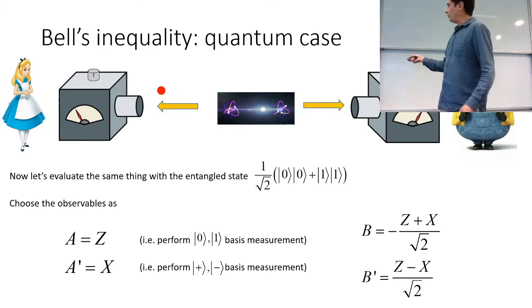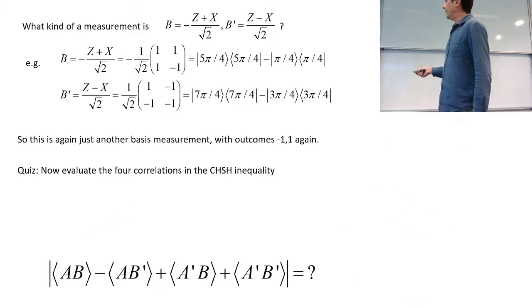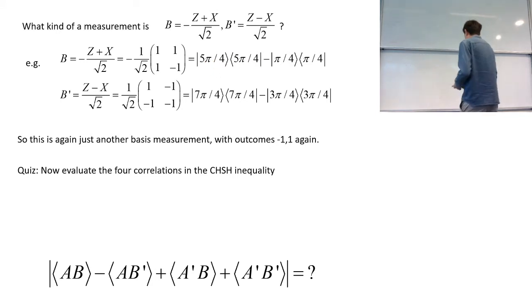These ones may look a little bit unfamiliar because we've done this a lot of times, but we never did this one. These are basically the same idea, except that the basis that you're measuring in, say for B, is a state like 5 pi over 4, and by the angle I'm talking about the Bloch sphere.